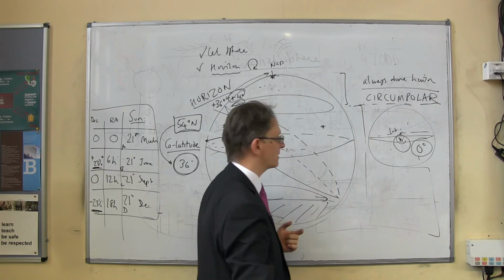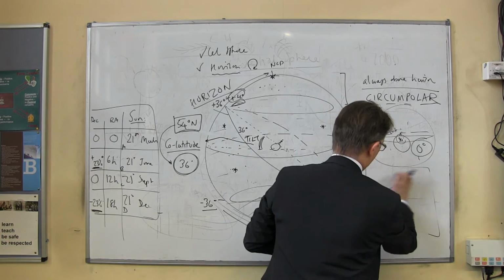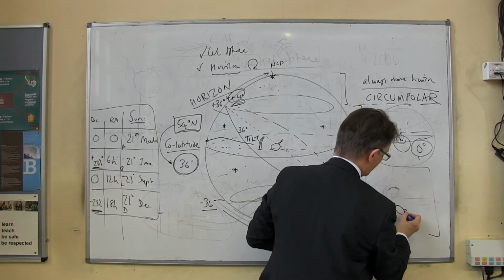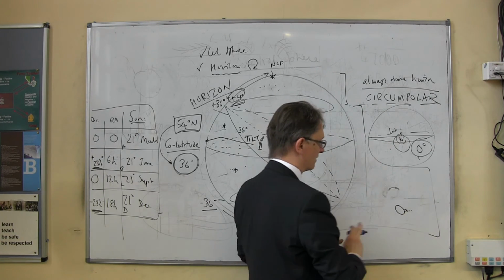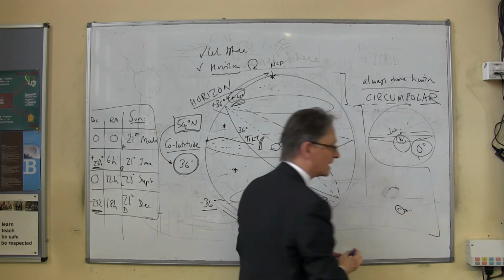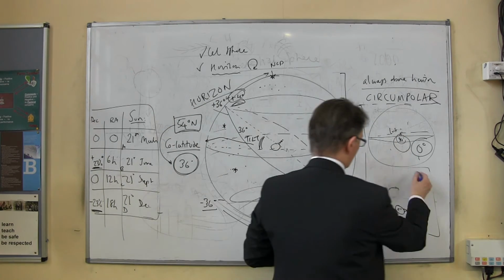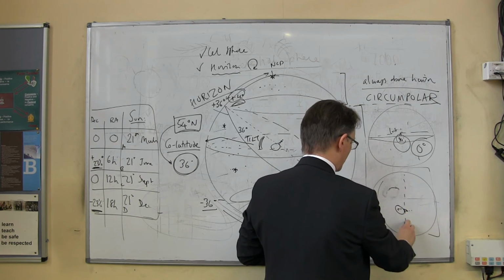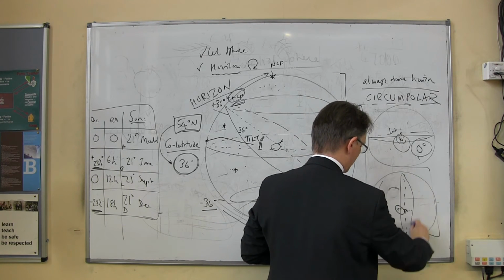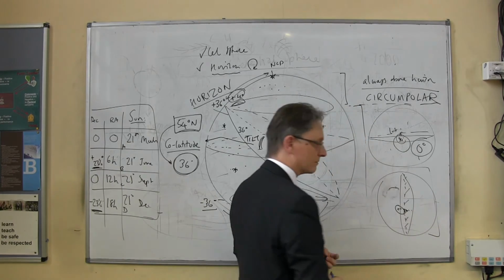Let's go to the equator. Let's draw someone on the equator. What's their latitude? 0. When you've got 0 degrees latitude on the equator, and you put yourself inside the celestial sphere, what does your horizon look like? It's like that, isn't it? There's your horizon.